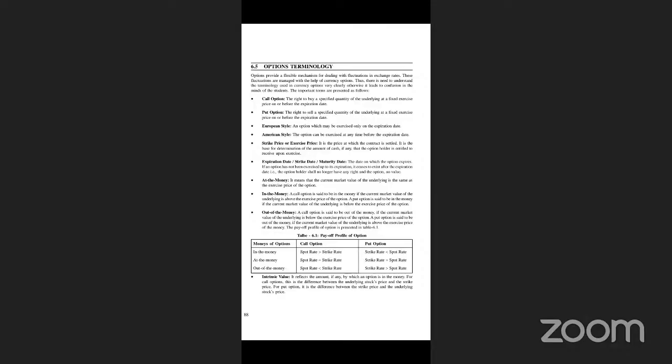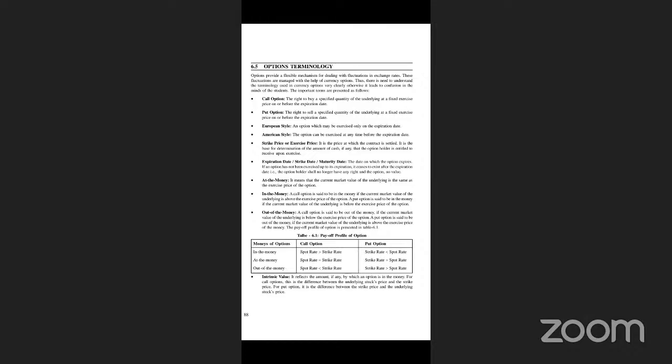Remember, call is buying, put is selling. European style and American style, which were also discussed in the characteristics of options: European style is an option which is exercised only on the date of expiration, whereas American style is at any time before the expiration date.